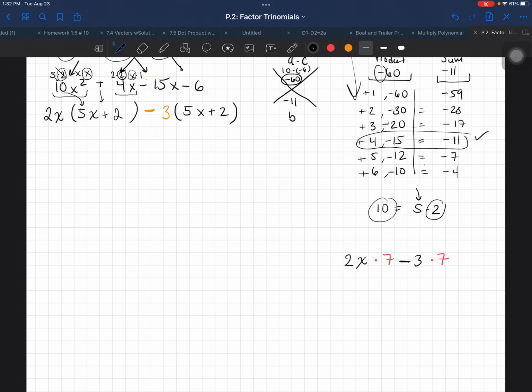You will think, well, of course I can factor the 7. These two terms both have a 7 as a common factor, so you can factor it out.